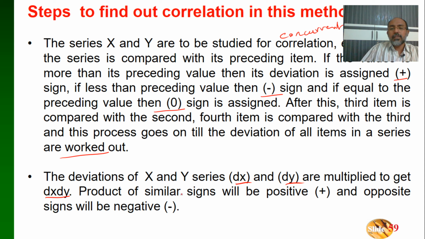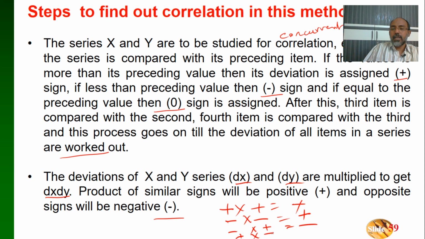The product of similar signs will be positive, and of opposite signs negative. We know the rule: plus into plus, plus; minus into minus, plus; minus into plus, minus; plus into minus, minus. This is how the operators work.